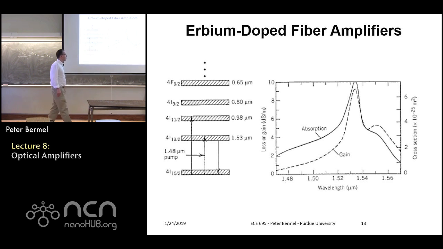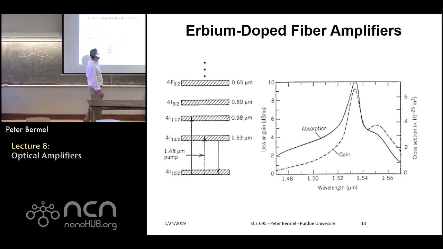The nice thing there is your pump is not too far away from your emission, but it is separated enough so there's not really any crosstalk between your pump and the emission wavelengths, which are the ones you really want to amplify.